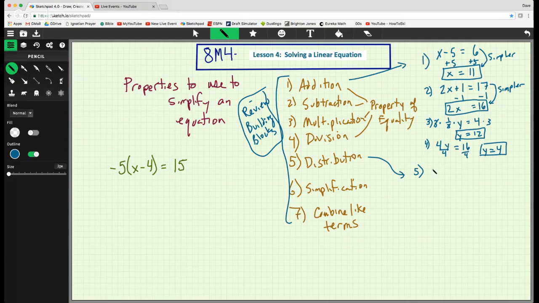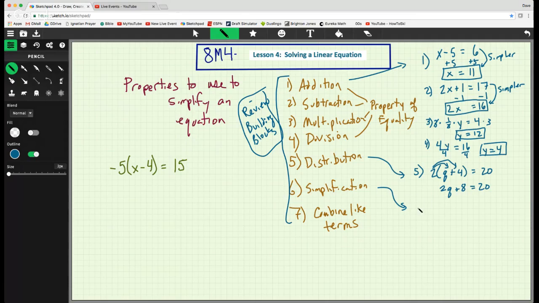Distribution is 2 times q plus 4 equals 20. Distribution works like this: a number multiplied by 2 or more terms on the inside. So 2q plus 8 equals 20. That's distribution.